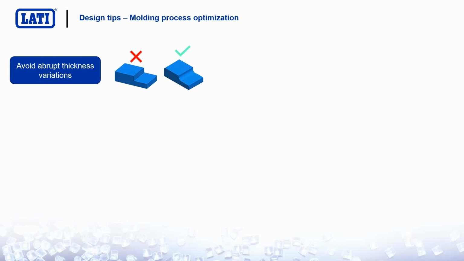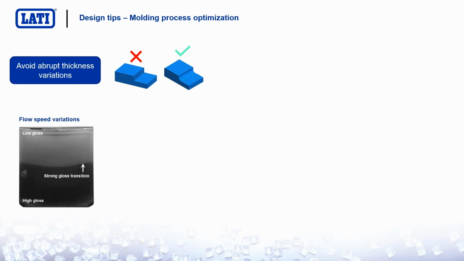Starting from general design tips which apply not only to this material but in general in injection molding, the first one is to avoid abrupt thickness variations. This is because it leads to different kinds of defects. The first might be aesthetic defects due to the variation of flow speed at the transition, in correspondence of the thickness variations.